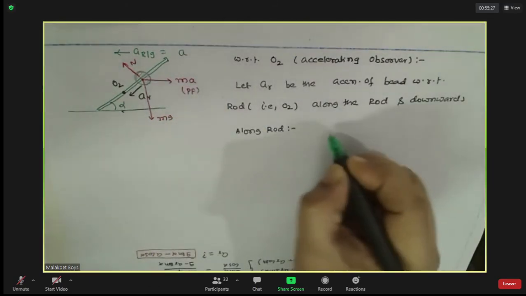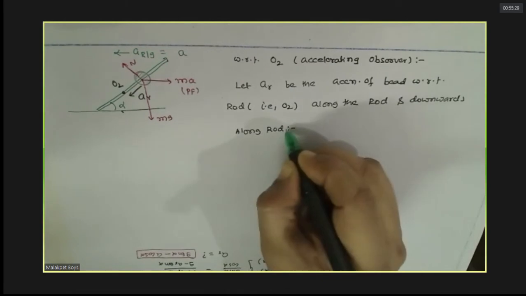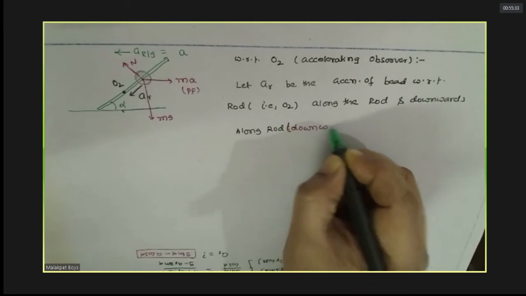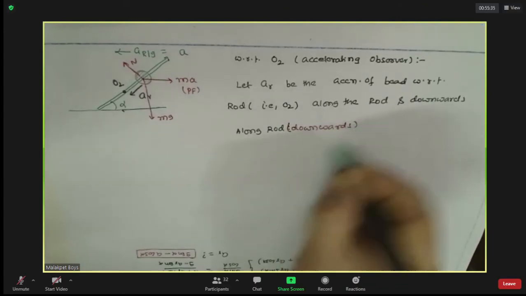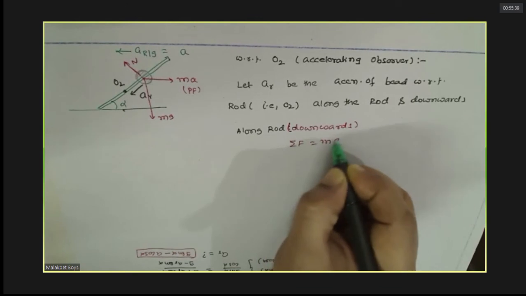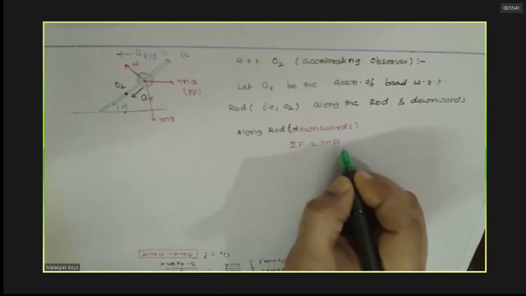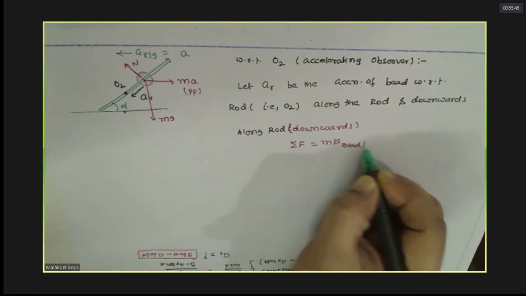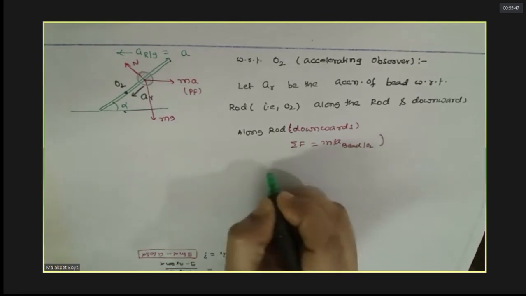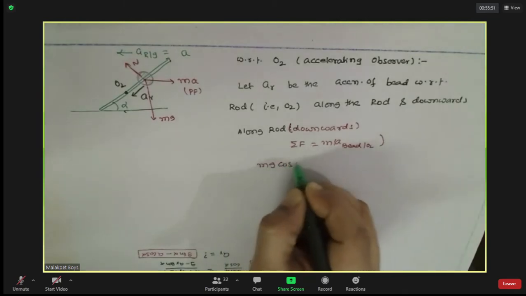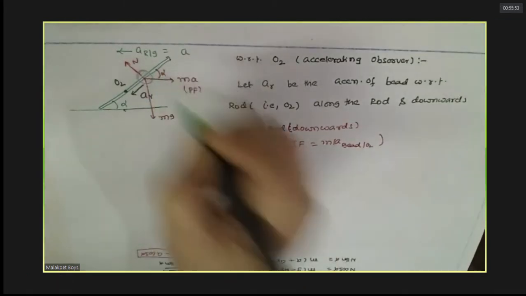So this fellow will write the forces. Sigma F equals m a of the bead with respect to O2. That fellow will write like this. Along the rod you have mg cos alpha, do you agree?